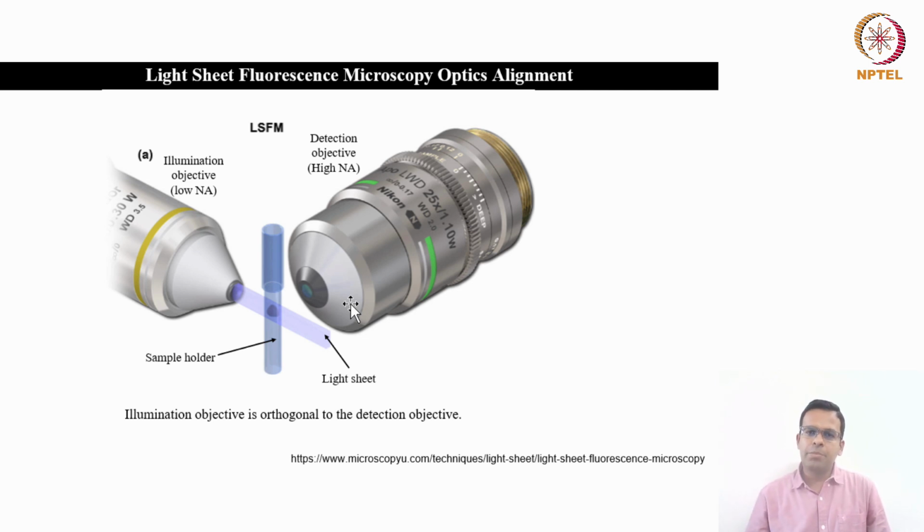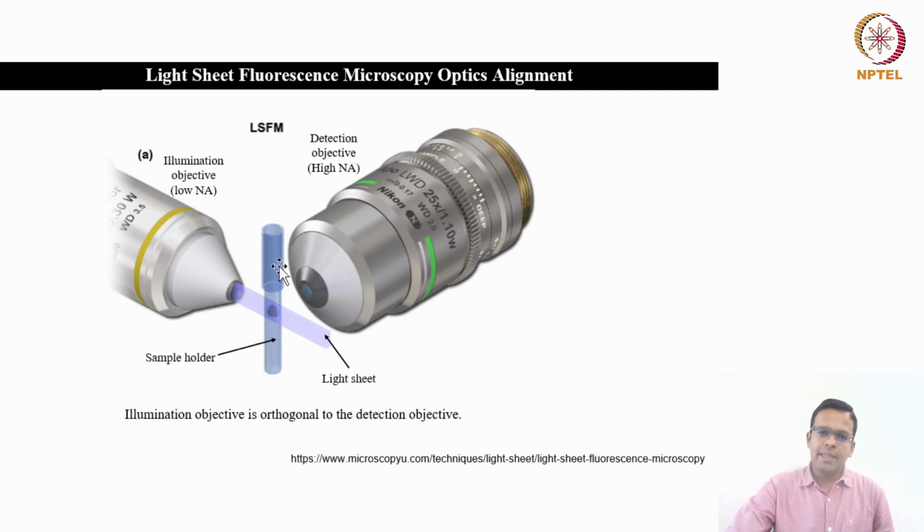It illuminates the sample, and the objective lens collects the fluorescent light. Okay, whereas here in light sheet microscopy, the illumination objective is separate. So the light source is attached to the illumination objective, and it just illuminates the sample, but it will not collect the fluorescent light emitted by this sample. But that fluorescent light emitted by the sample will be collected by this detection objective.